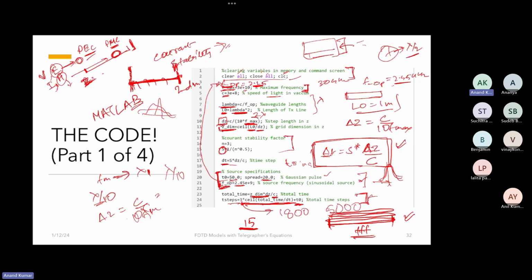I'll let you read the code, I've already written a lot in it, but if you want to take a look, I'll just pause over here.